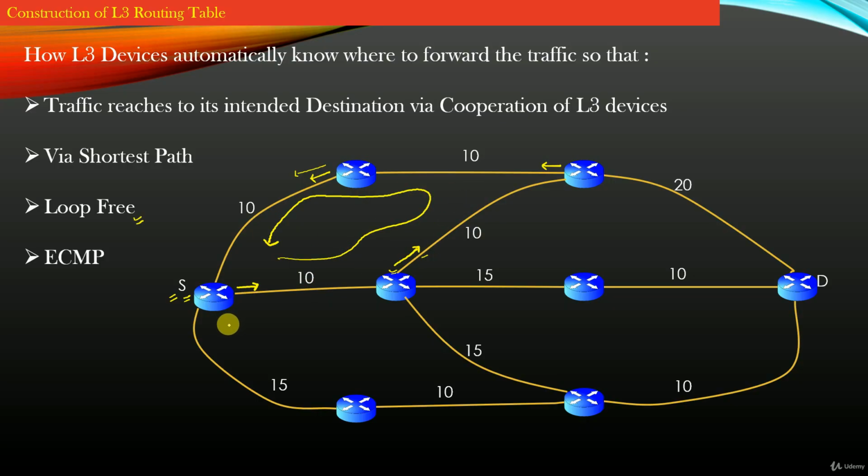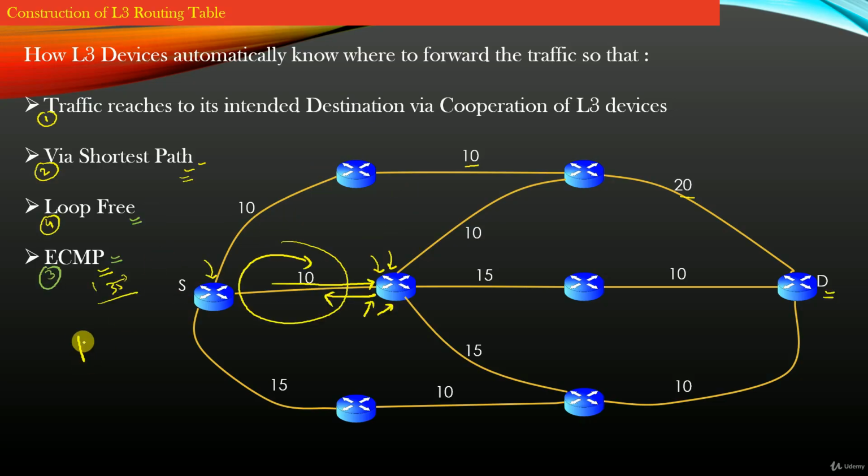This ultimately exhausts the network bandwidth and resources unnecessarily, and therefore loops in the network topology are undesirable, or in fact a very hazardous thing to have. So we are going to understand the algorithm which makes sure that the routing tables of the routers in the topology are constructed so that they obey all these 4 points.